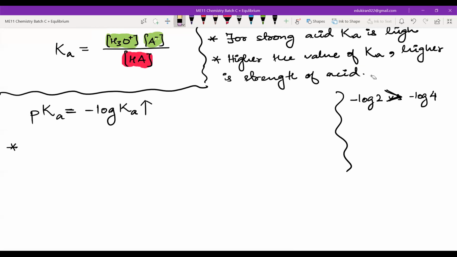You can see that this Ka is higher, and hence the pKa, that means minus log of that thing, is going to be lower.